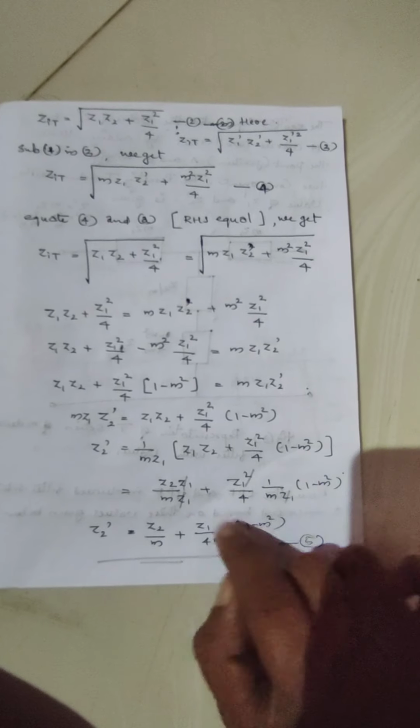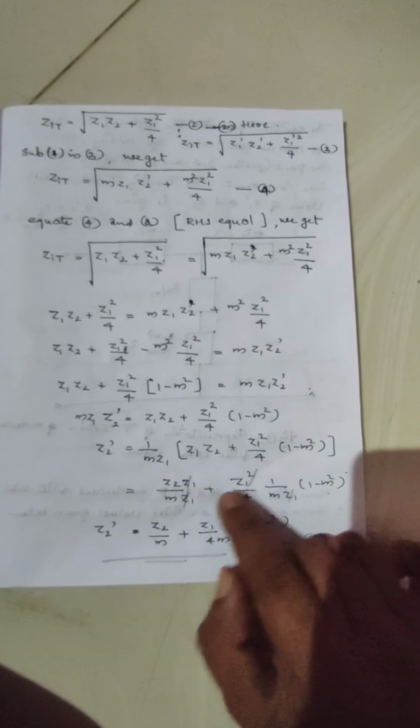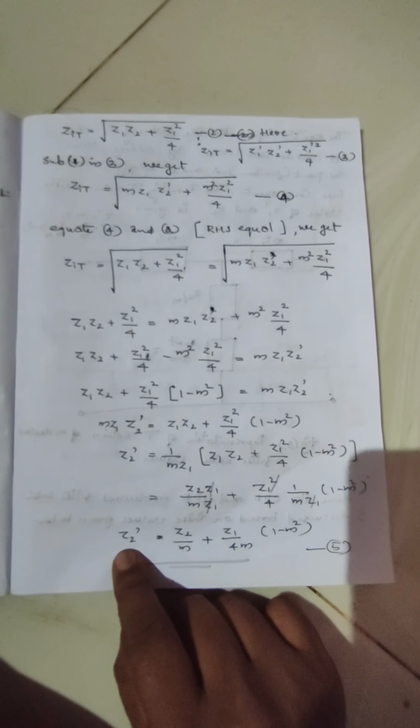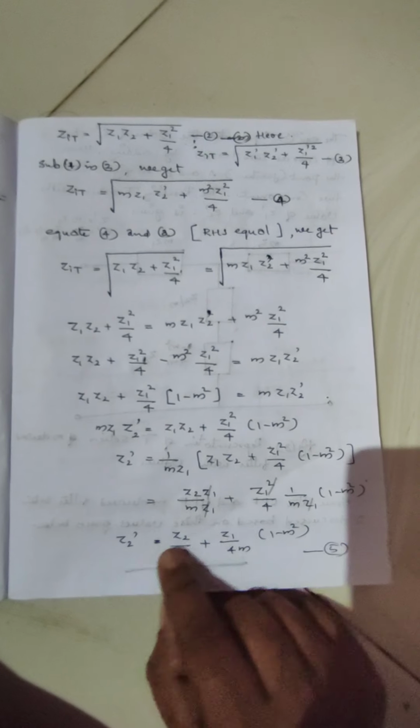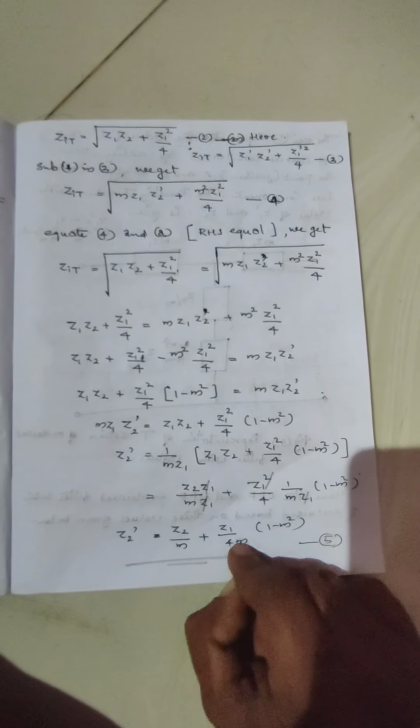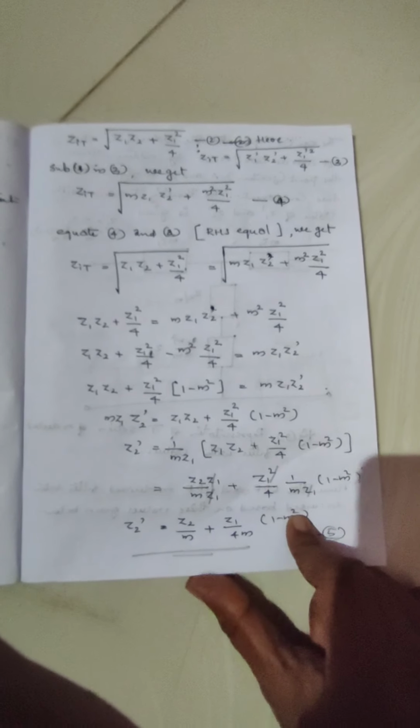Cancelling the common terms in the numerator and denominator, we get the expression for z2 dash as z2 by m plus z1 by 4m into 1 minus m square.